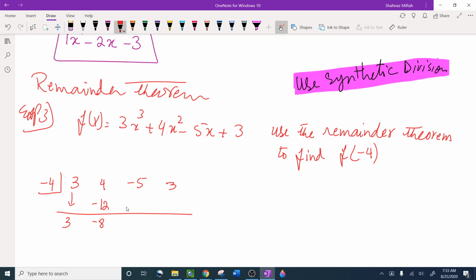Negative and negative is positive. 8 times 4 is 32. We subtract, and 32 subtract 5 is going to give me 27. Hold on, 32 subtract 5.